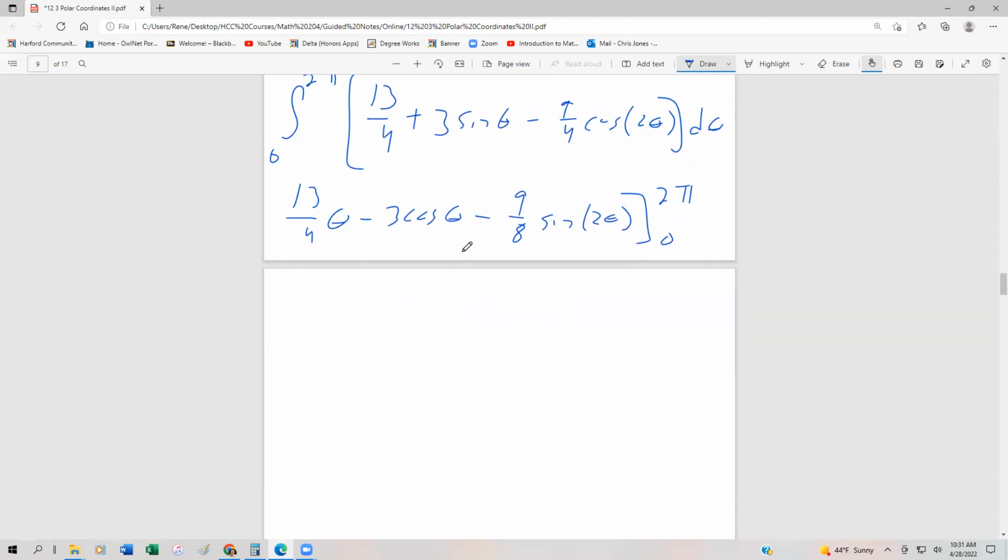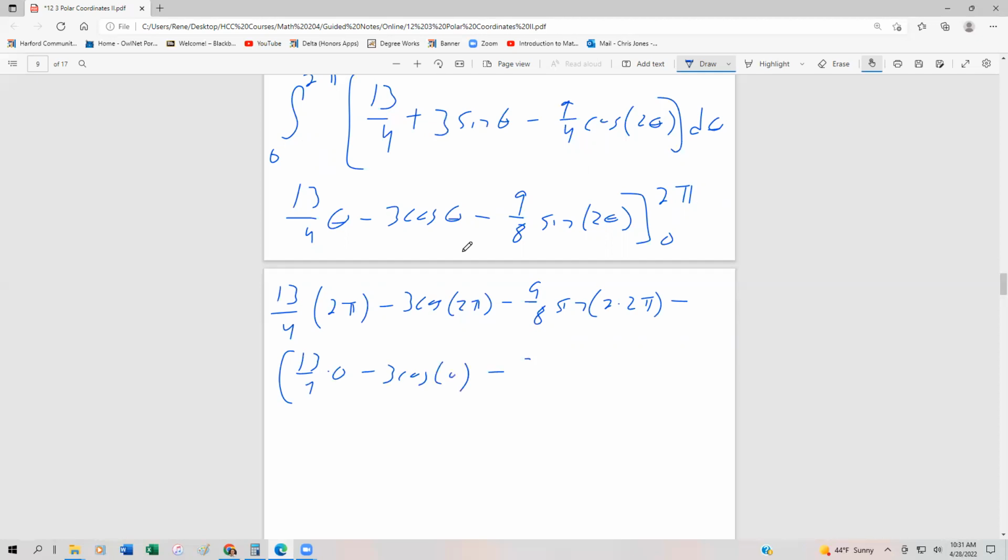So we have 13/4 times 2 pi minus 3 cos 2 pi minus 9/8 sine of 2 times 2 pi, minus the quantity 13/4 times 0 minus 3 cos of 0 minus 9/8 sine 2 times 0.